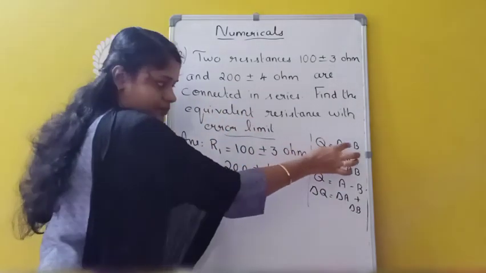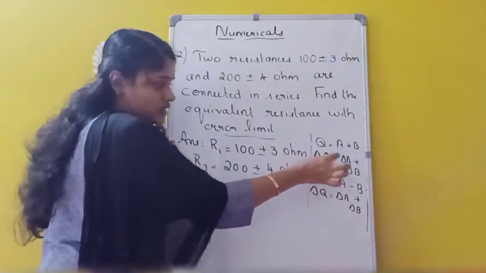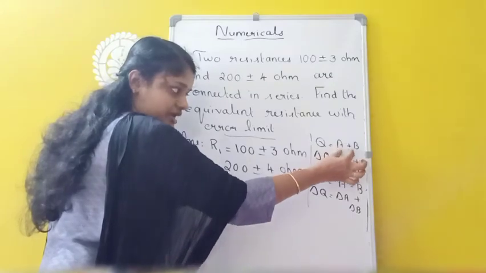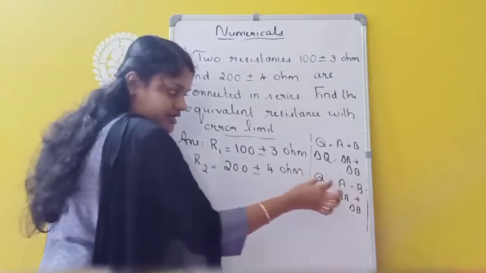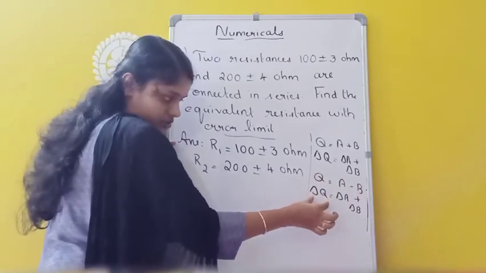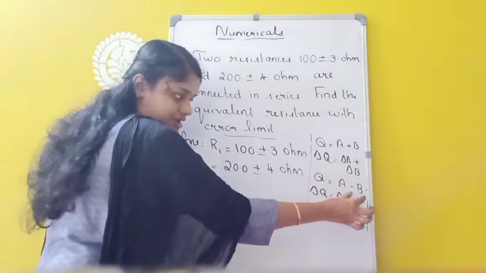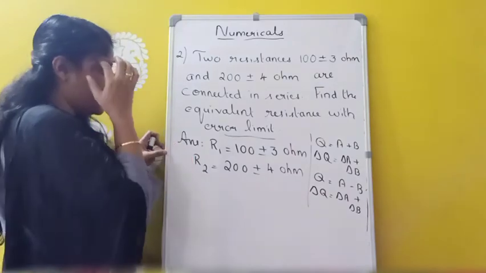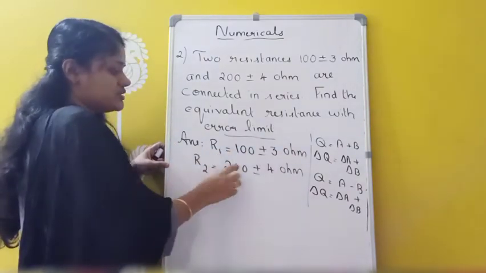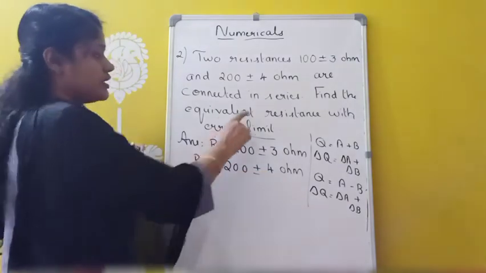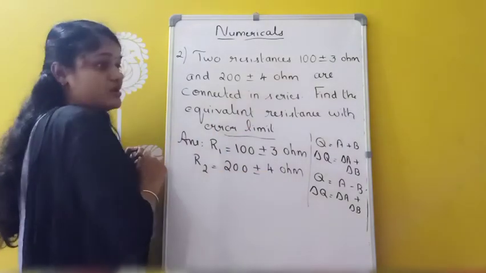So if Q equals A plus B, then how will you find delta Q? Delta A, error in the measurement of A, plus error in the measurement of B. Similarly, if Q equals A minus B, the error in the measurement of Q, delta Q, equals delta A plus delta B. Clear? And here it is given R1 as 100 plus or minus 3 ohm and R2 equals 200 plus or minus 4 ohm. What we have to find is the equivalent resistance.